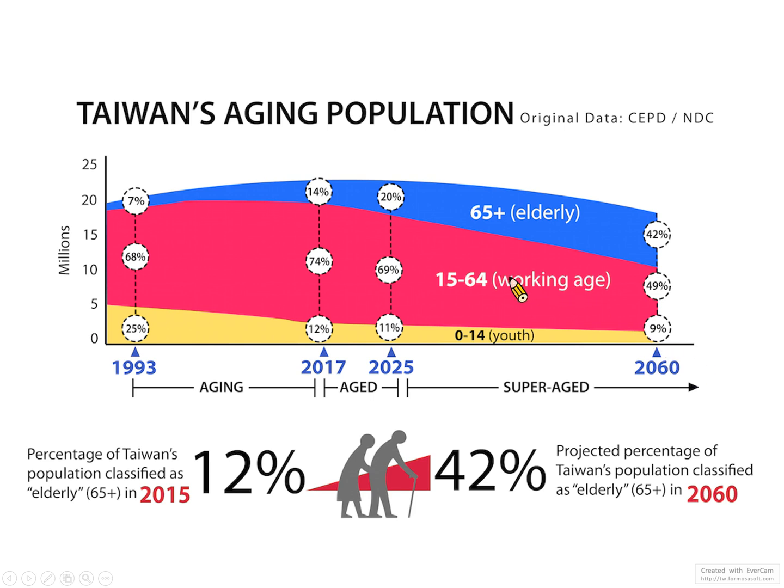The main reason behind this change is that the birth rate in Taiwan is quite low. Compared to other parts of the world, Taiwan's birth rate is among the lowest.